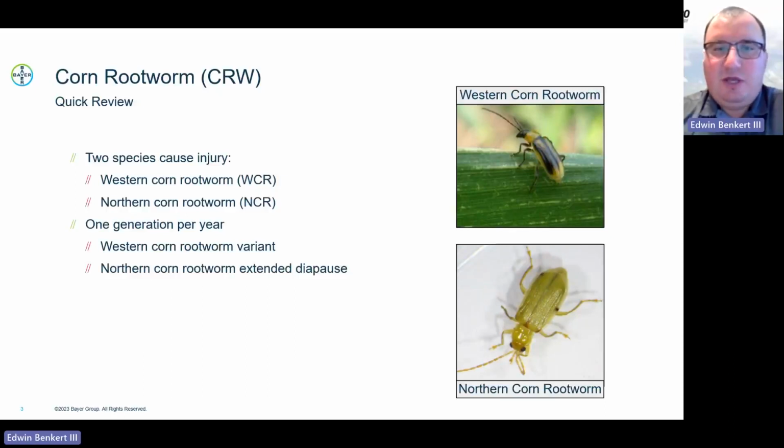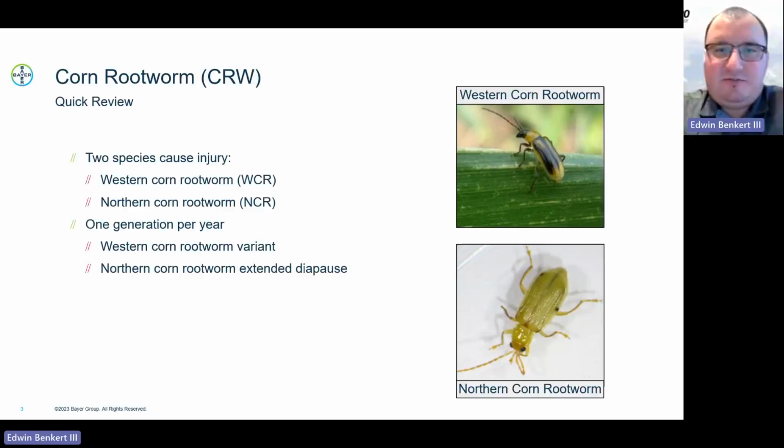There are two exceptions to this. The first exception, this one's probably more common in the US, is called the western corn rootworm variant. It was first found in northern Illinois.